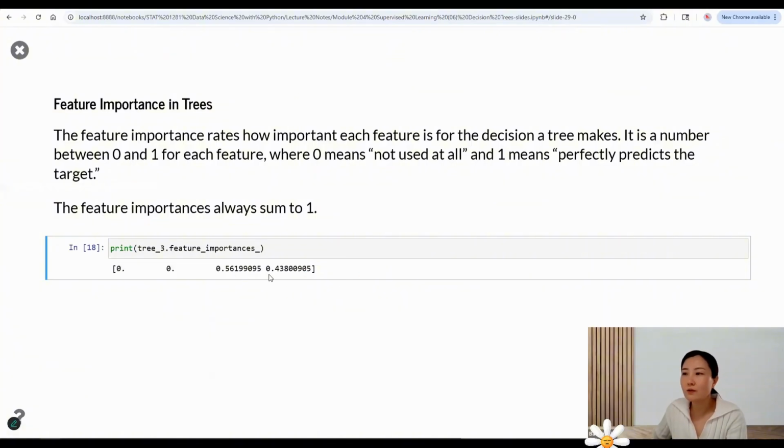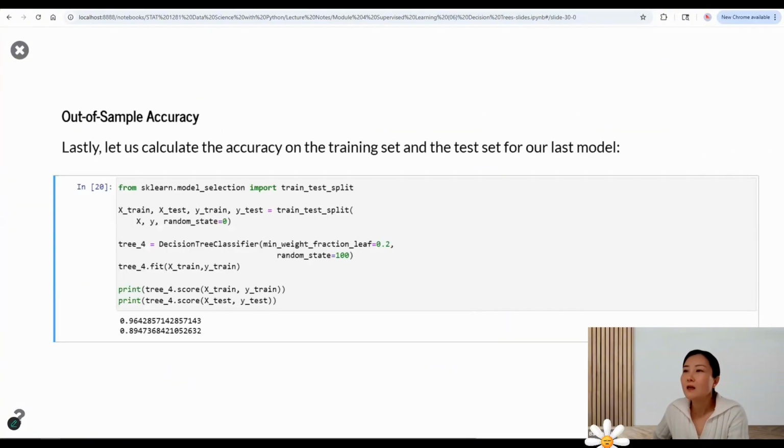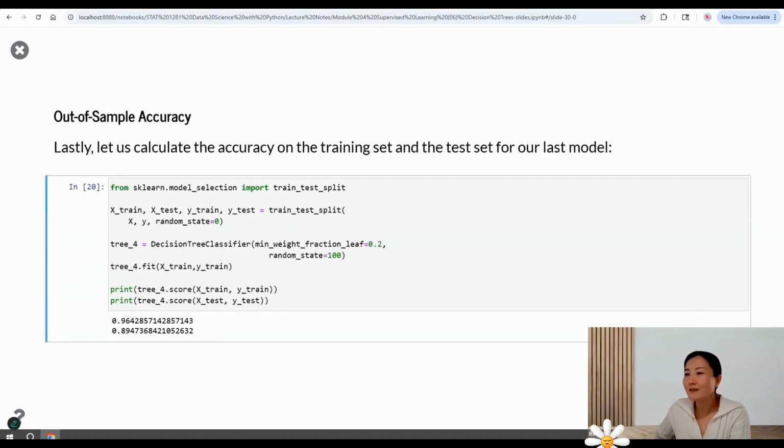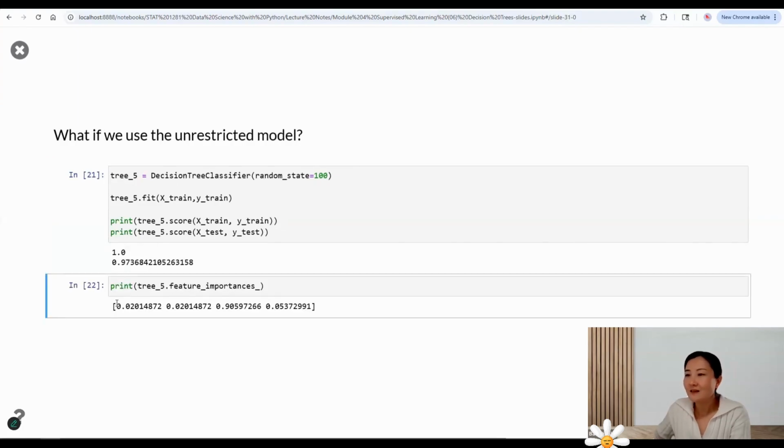but because our tree only used petal length and petal width, the first two variables still have zero importance. Although they are in the feature matrix, they were not used. And so now it makes sense. The first two features have about 2% importance, and the third feature has the biggest, which is petal length, and petal width has the smallest.